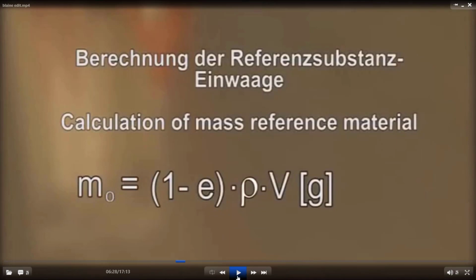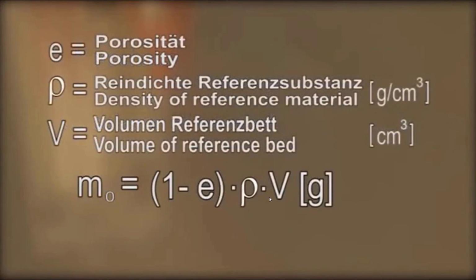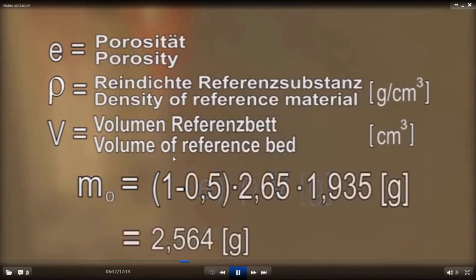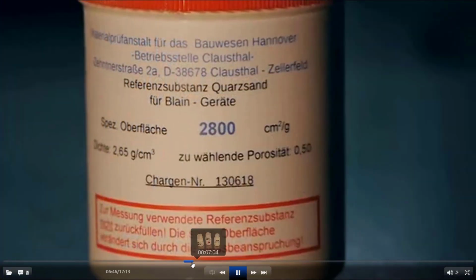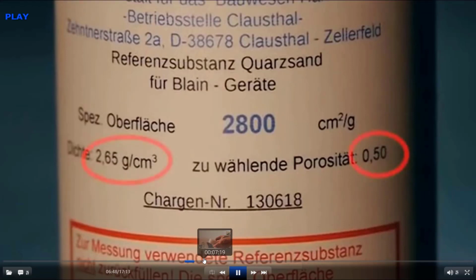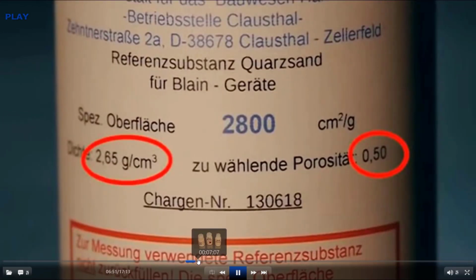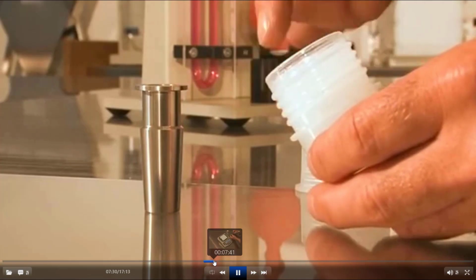This is the density of the reference material, 2.65, and you will get the mass. Volume has already been calculated. You can see that the reference material has a density of 2.65 and a porosity of 0.5. So after calculating the volume, you will now calculate the value of K.